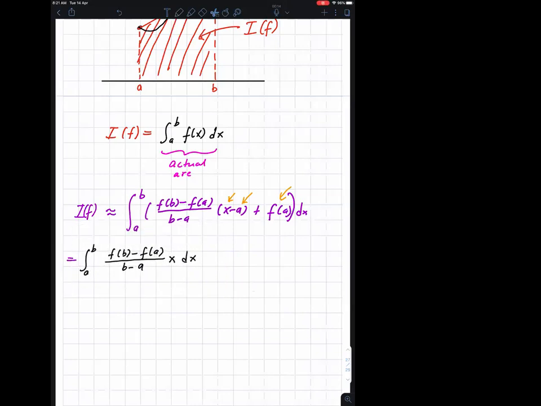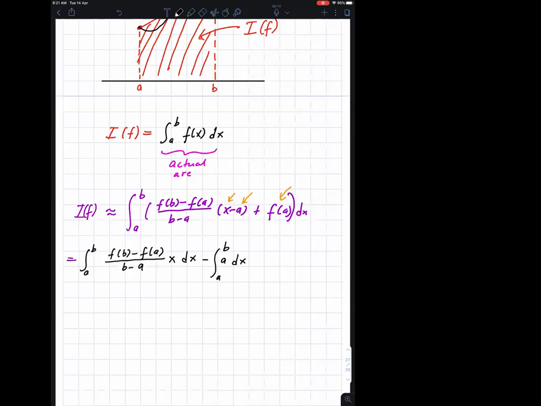The second integral is minus a, because there's an a there, so you put minus a dx, from a to b.